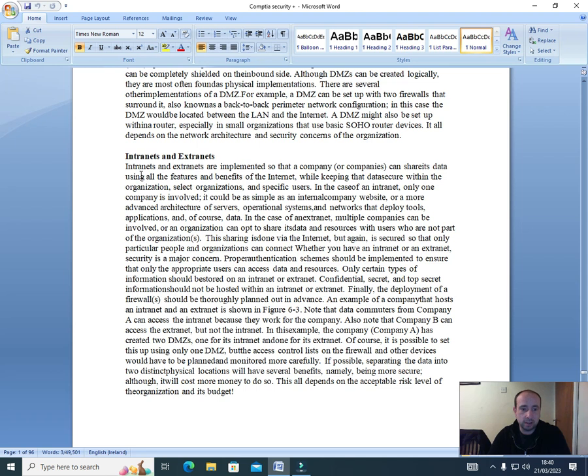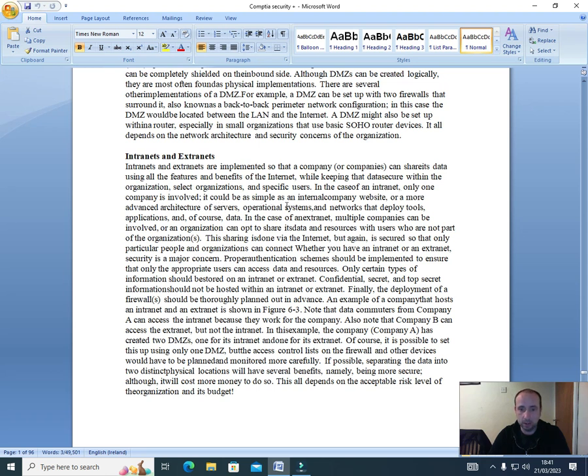Intranets and extranets. Intranets and extranets are implemented so that a company or companies can share data using all the features and benefits of the internet while keeping the data secure within the organization, or select organizations and specific users. In the case of an intranet, only one company is involved.